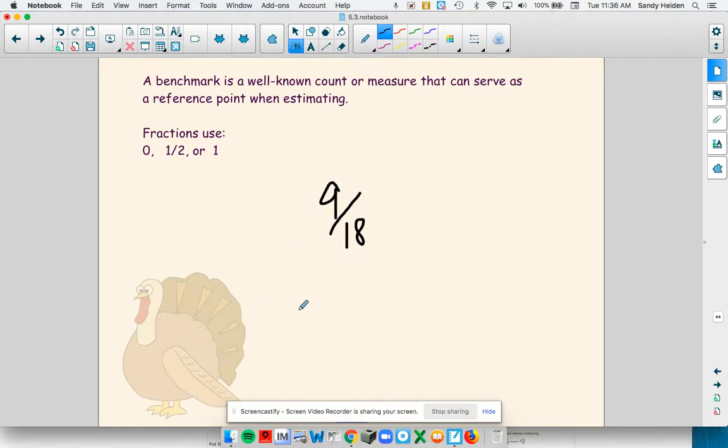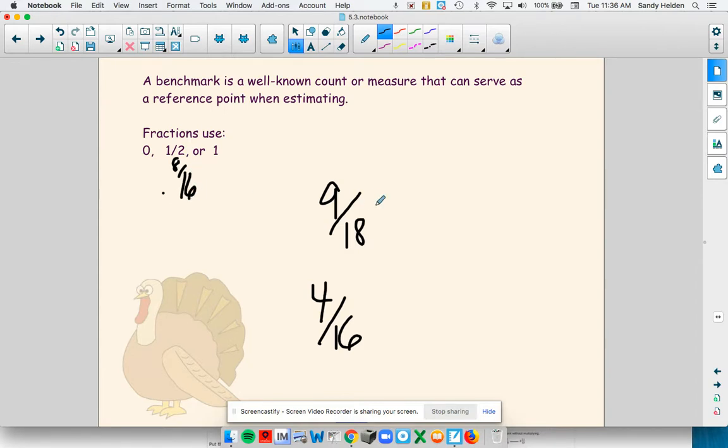So if I'm comparing something like 4/16, I think of 8/16 as half. So that would be an 8 here over 16 to compare it to halves, because I'm thinking of 16ths.